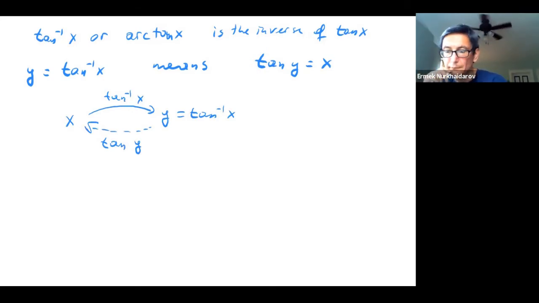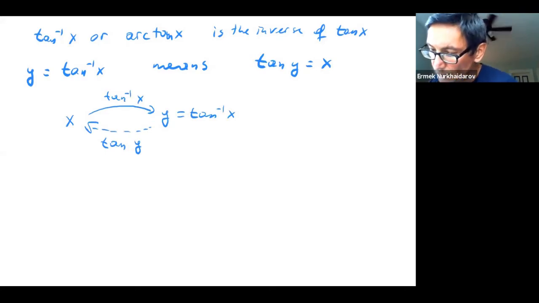Okay? So we're undoing each other. If from here to here you got by doing tangent, and to go back, you want to go tangent inverse. If from here to here you got by tangent inverse, then go back by tangent. So undo. That's exactly what we're doing.